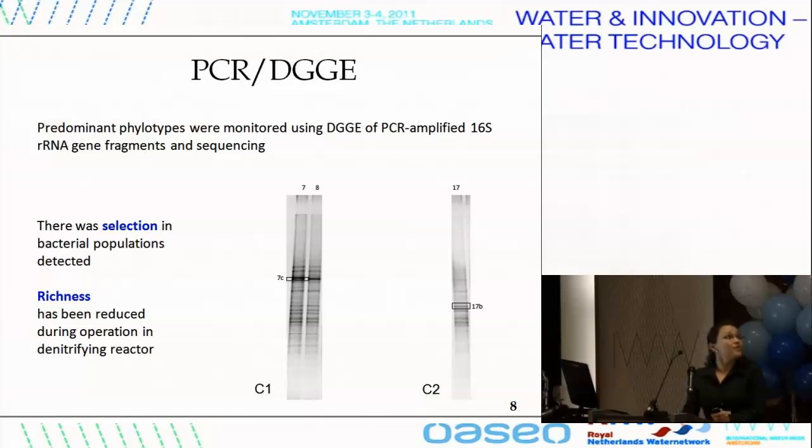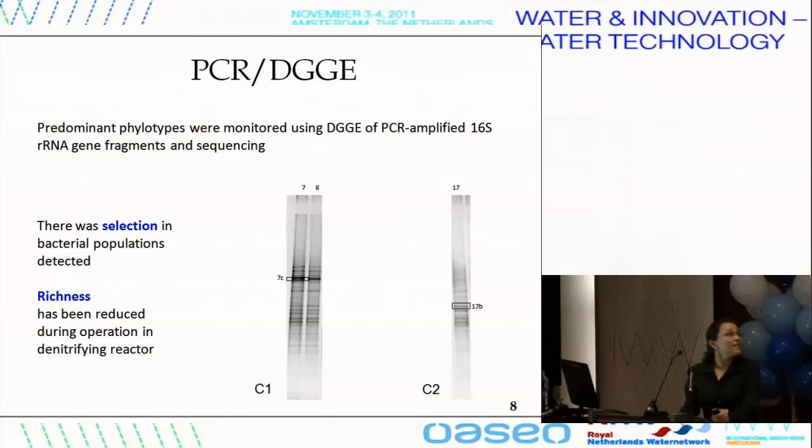We used biomolecular techniques like PCR and DGGE, and the predominant phylotypes were monitored using 16S rRNA gene fragments and sequencing.